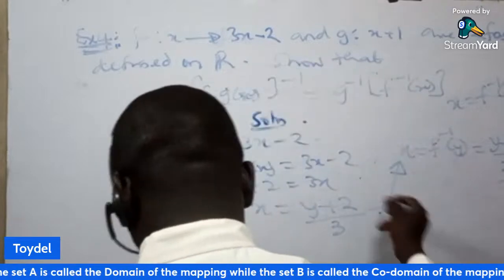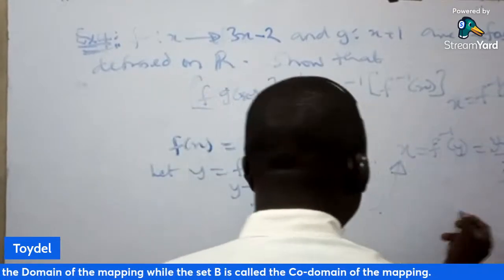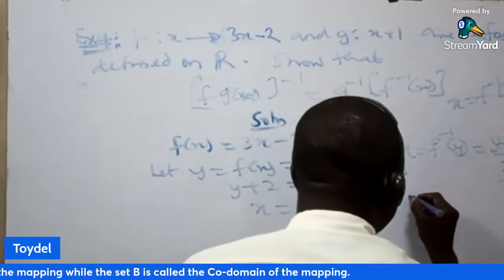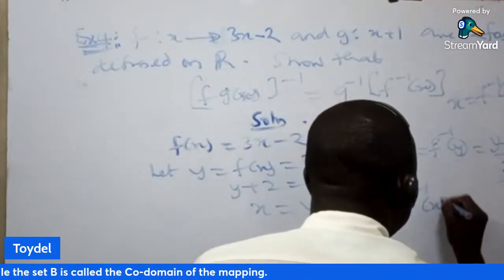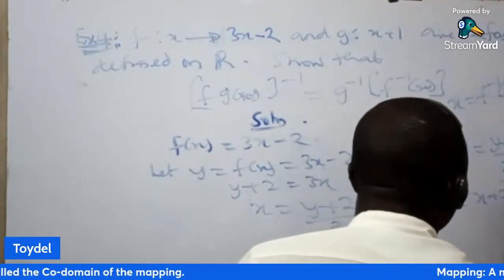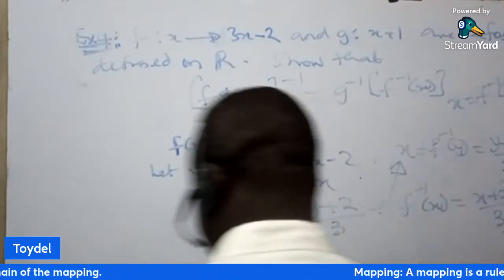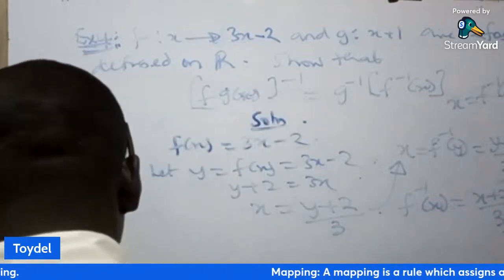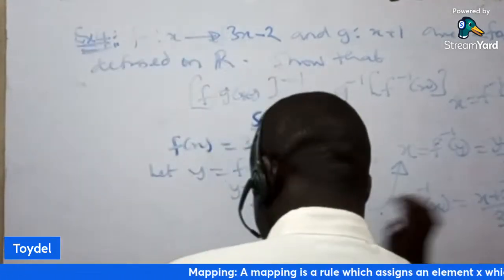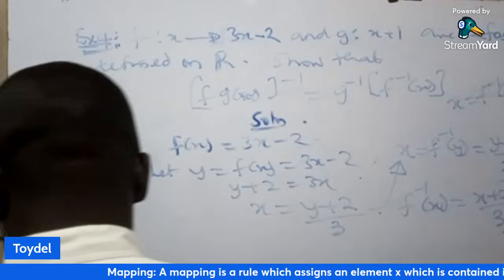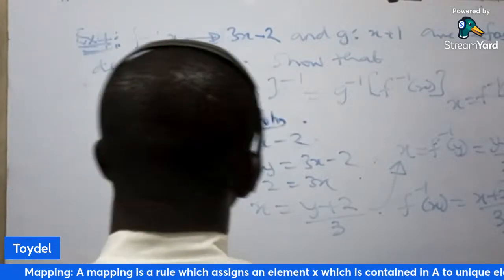So now we can start to write everything in form of x, so that I'm going to have f inverse of x to be equal to x plus 2 all over 3. And that's what we have gotten. Okay, that is what we are going to get under f inverse of x. Then what is g of x?